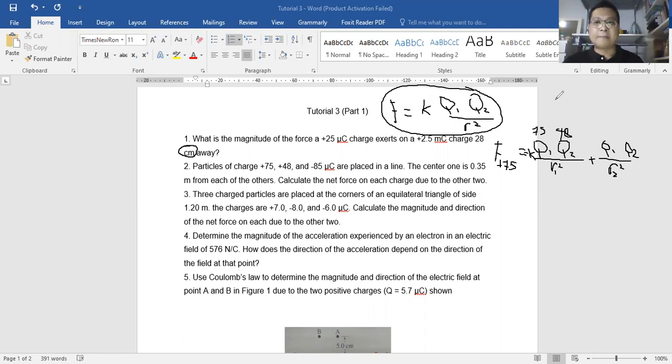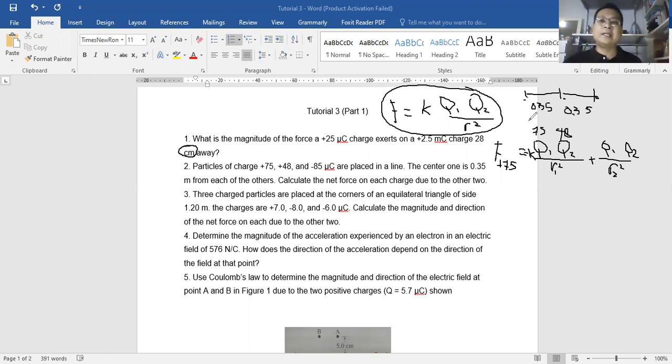So remember, we have 3 points here. Every distance is considered 0.35, and here also 0.35.